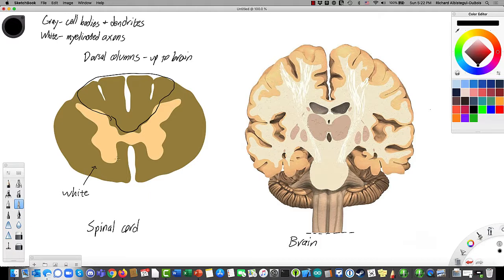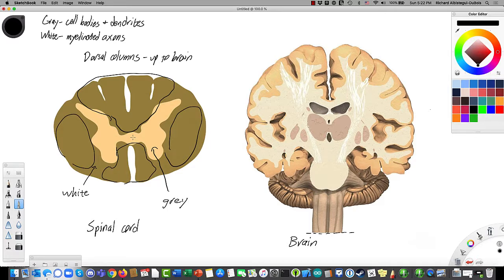In all these other areas, these anterior areas down here, and these lateral areas out here, what we have are mixes of ascending and descending column tracts of white matter. So in those areas, some of it's going up, some of it's going down, and it's organized by what kind of information it's carrying. Now the inside here, this stuff shown in the middle, is gray matter.